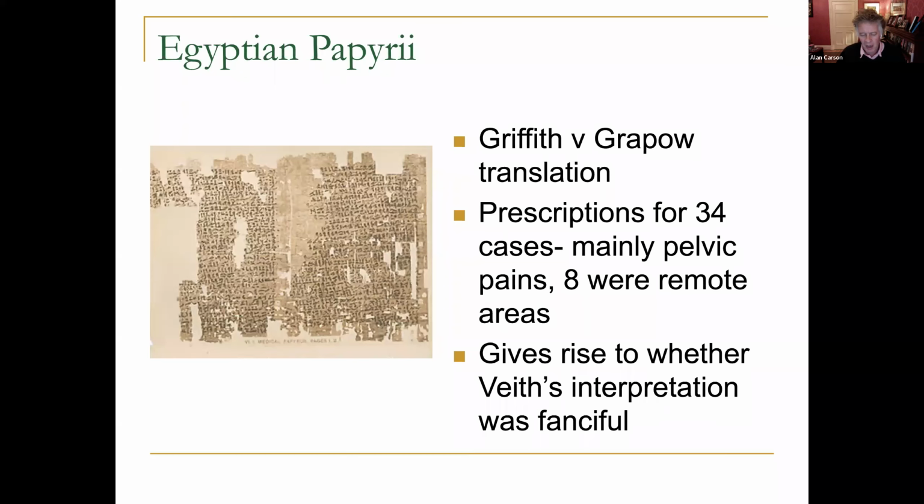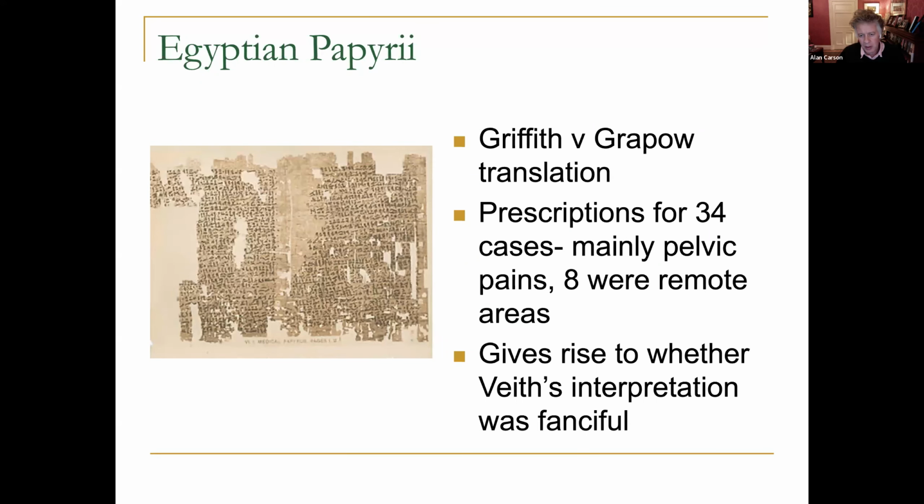And it was supposedly a series of cases of hysterical causation in which a wandering uterus was causing a range of neurological symptoms. This was really popularized by the medical historian Veith in her work on the history of hysteria.